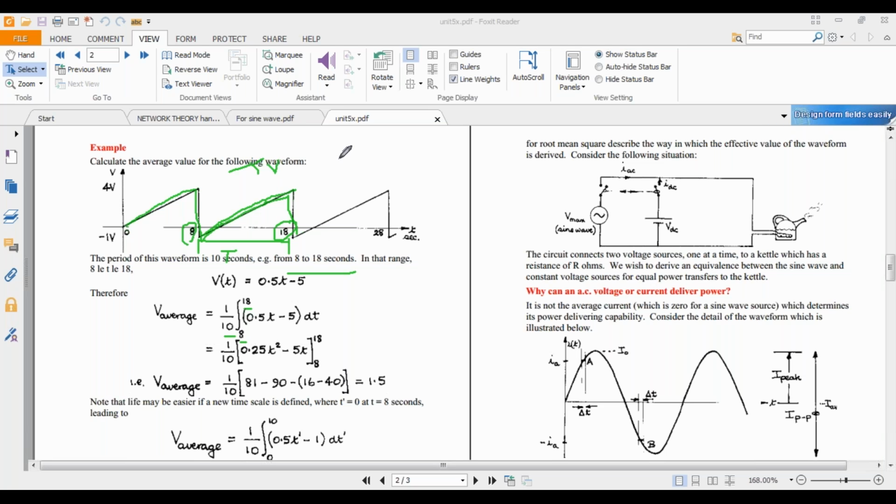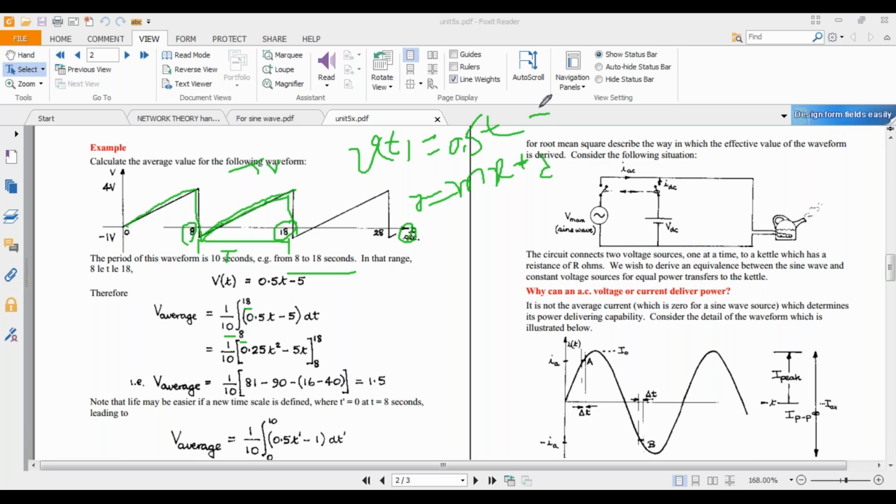So y is equal to mx plus c, the straight line equation, with a constant c as the initial value.